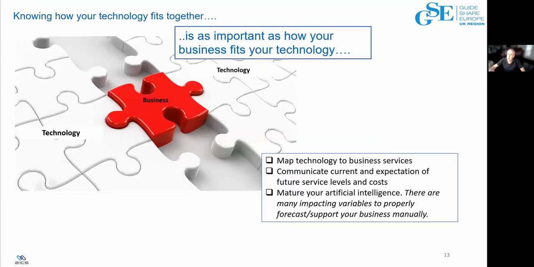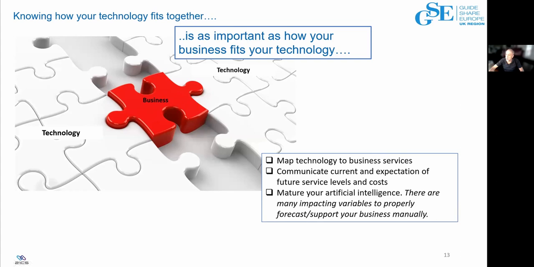All right. So in order to understand what's going on within your IT assets, it's important to map your technology to the business, and this is no small feat. You need good business application monitoring to understand what technology maps to what business service.